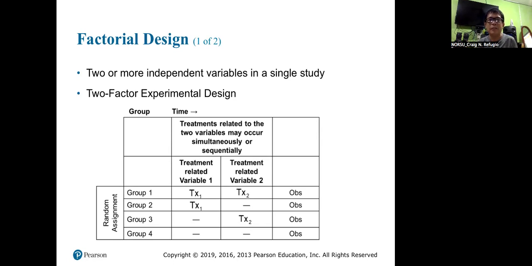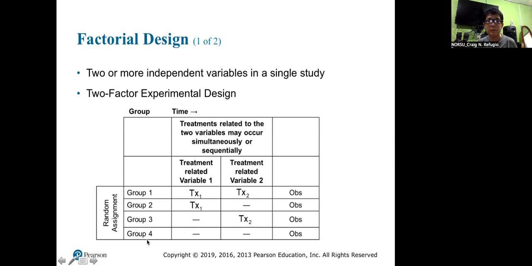And then we have treatments related to two variables that may occur simultaneously or sequentially. So treatment related to variable one and treatment related to variable two. Then we have treatment one, treatment one, treatment two, but this one no treatment. And then we have treatment two, then no treatment in here.